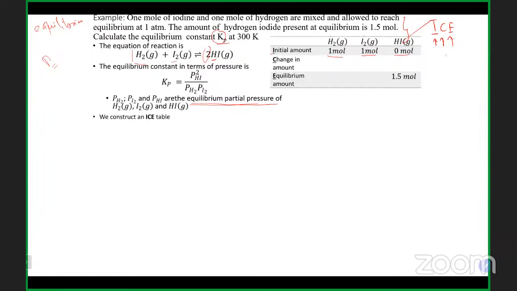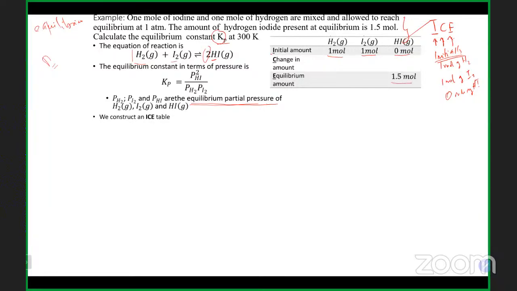So at the initial condition, 1 mole of H2, 1 mole of I2, and 0 moles of HI. So that's initial conditions. However, the amount of hydrogen iodide present at equilibrium was observed to be 1.5 mole. So we have 1.5 mole at equilibrium.